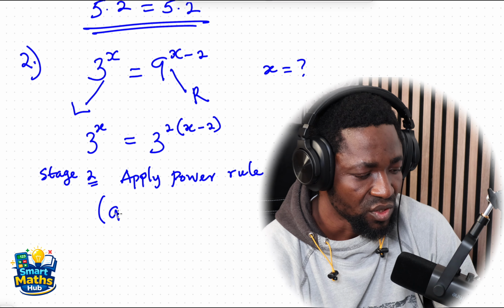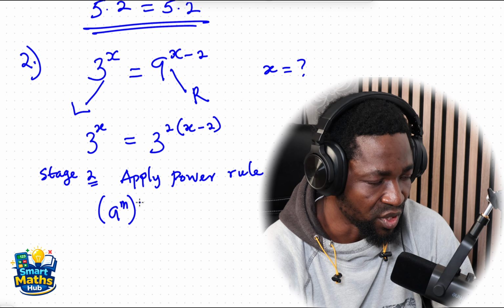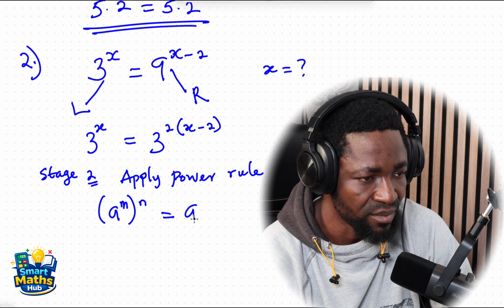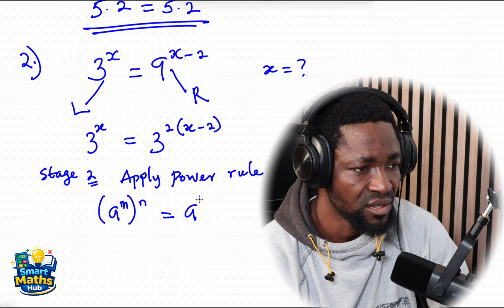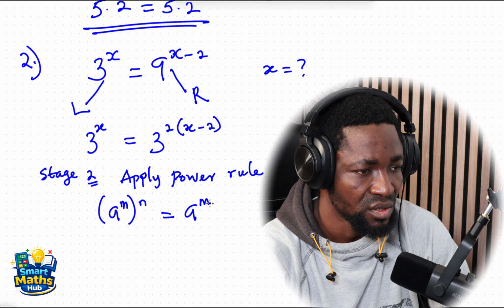Because a is your base, m will multiply n, giving a raised to power mn. That's what we use when we apply the power rule.